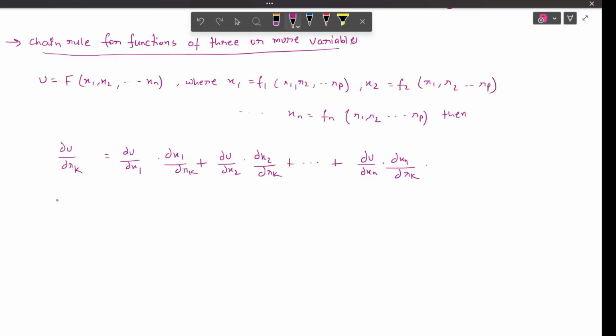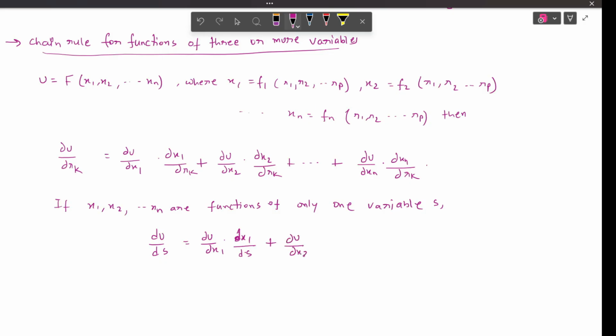And if we say that x1, x2, up to xn are functions of only one variable, let us say s, then we can say that du by ds would be delta u upon delta x1 into d of x1 by d of s plus delta u upon delta x2 into d of x2 upon d of s.